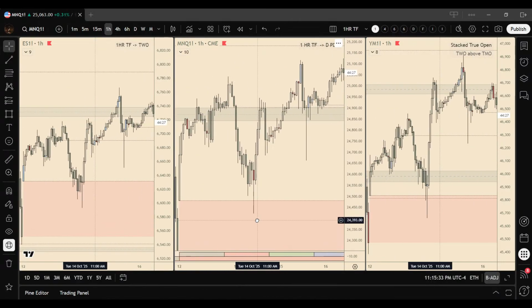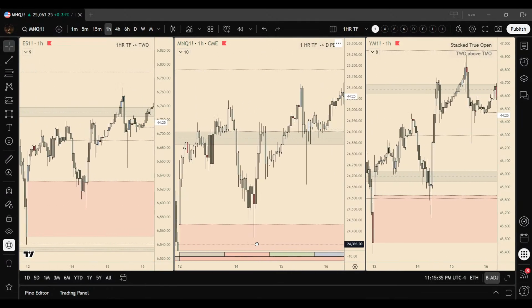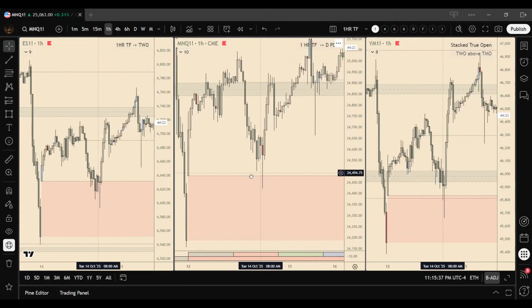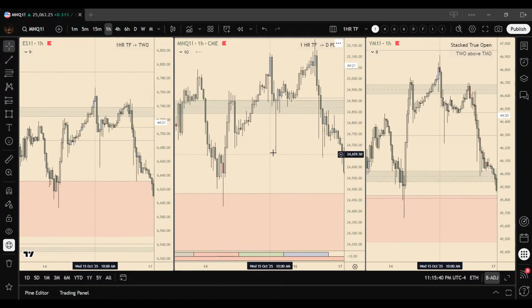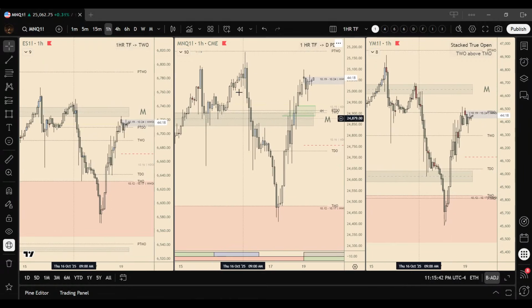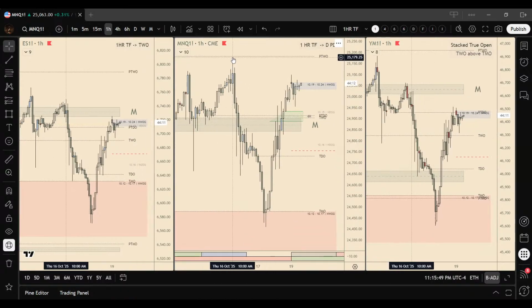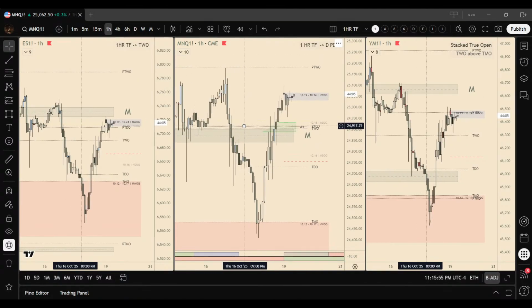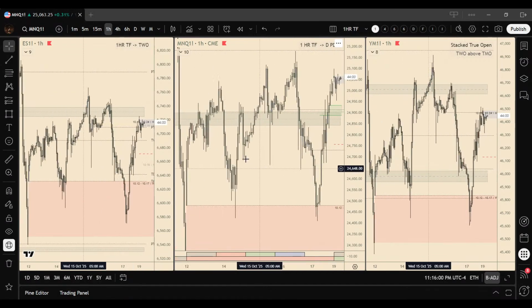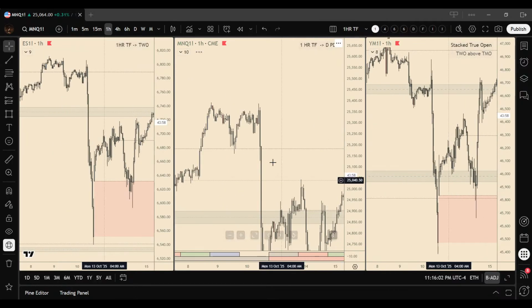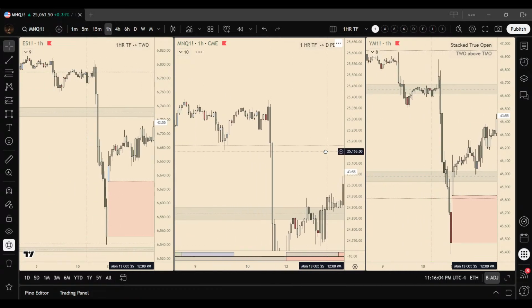Price was honestly not that high probability last week. There were definitely some moves, but it was mostly in a consolidation, and this right here was the main takeaway. It barely missed the true week open on the 1 hour, but on the 4 hour it shows it got a little bit closer. So hopefully we see some more beautiful things in price.